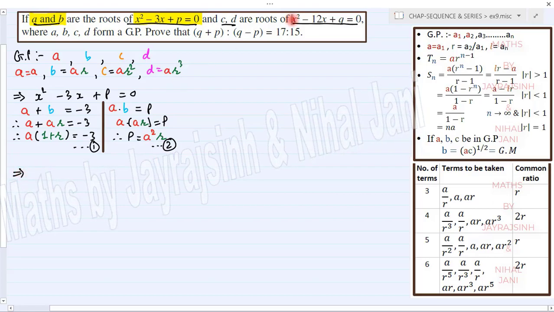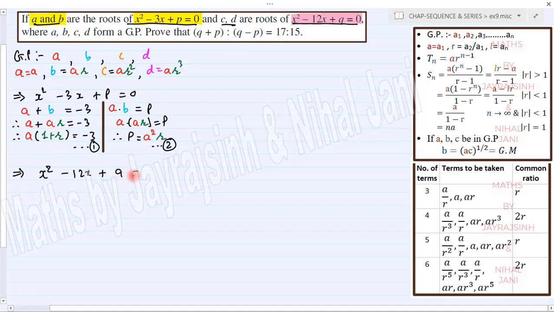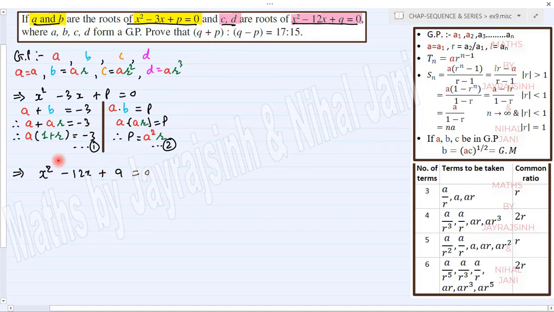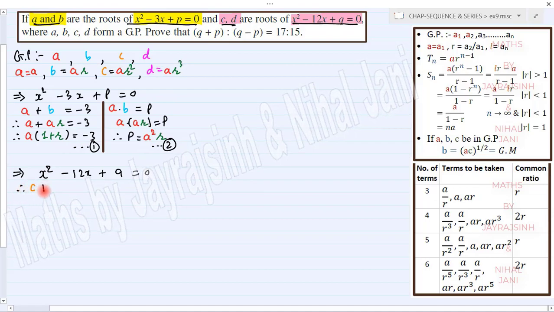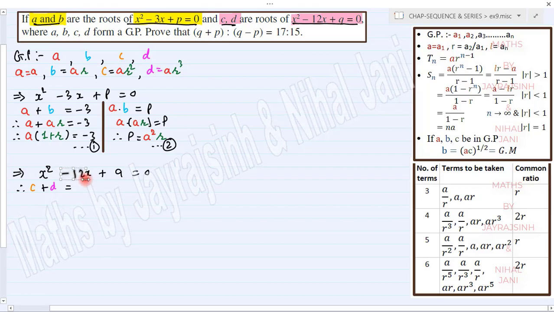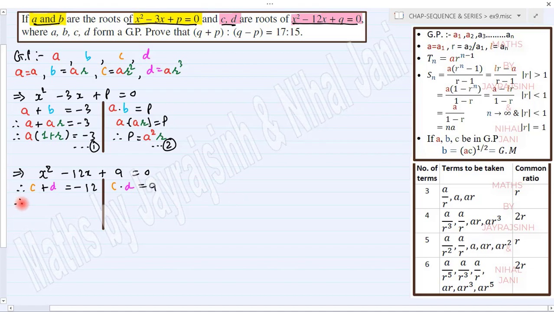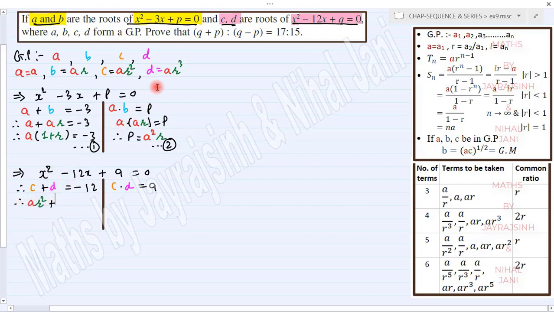Now let's move to your second quadratic equation, which have c and d as roots. So we can say the summation of roots must be equal to the coefficient of x, which is minus 12, and product of roots must be equal to constant term, which is q. Now let's substitute value of c and d, which is ar square plus ar cube, will be equal to minus 12.